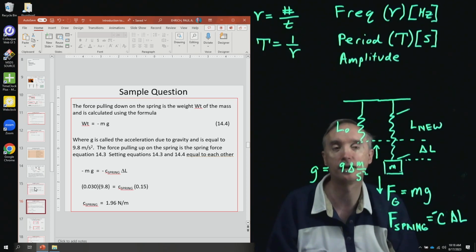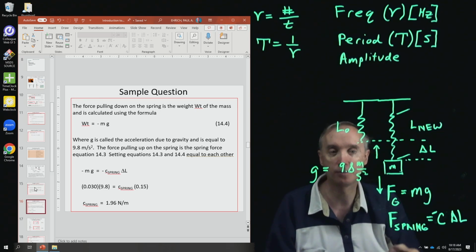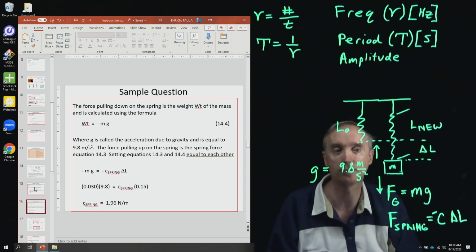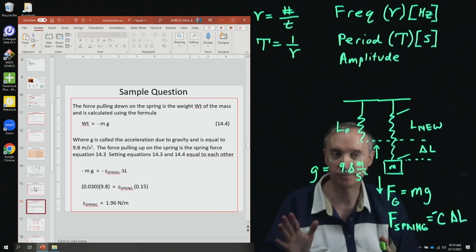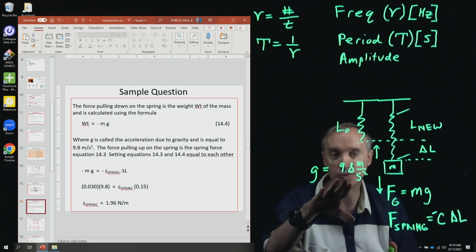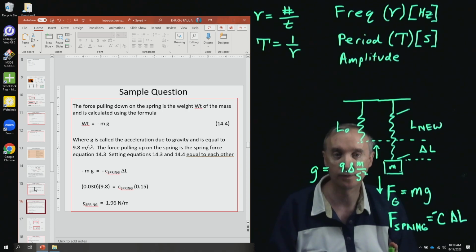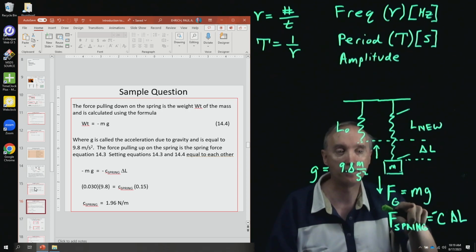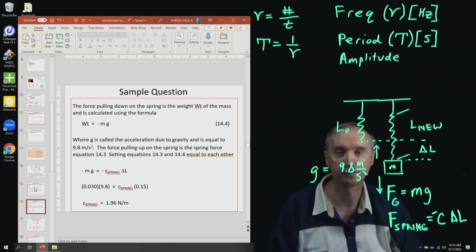We'll talk more about that later when we talk about falling objects and gravity. It's a constant for Earth, and every planet is going to have its own acceleration due to gravity.